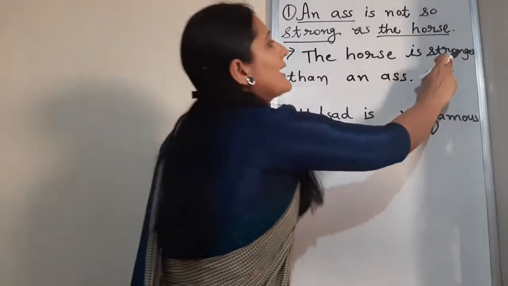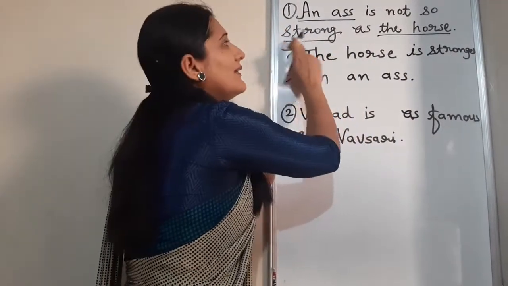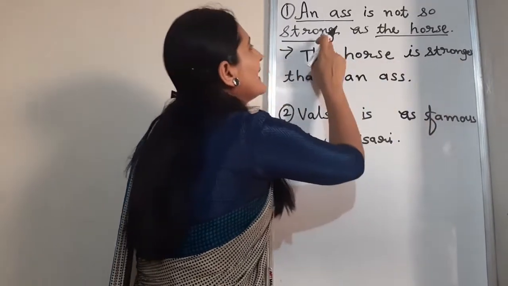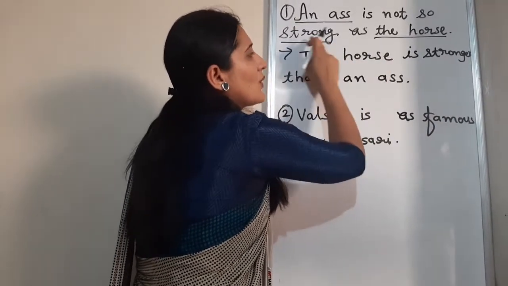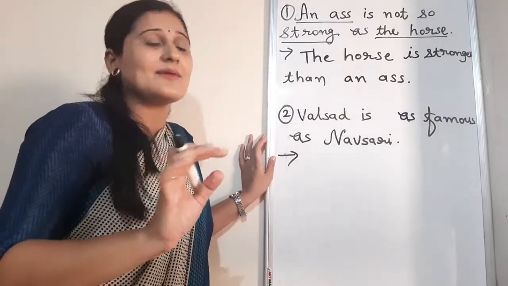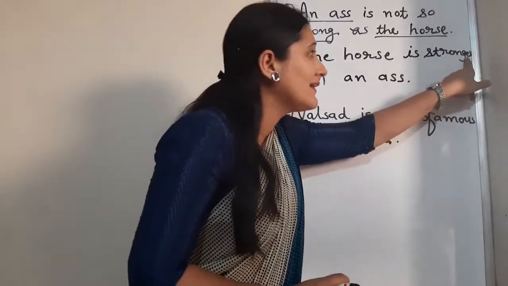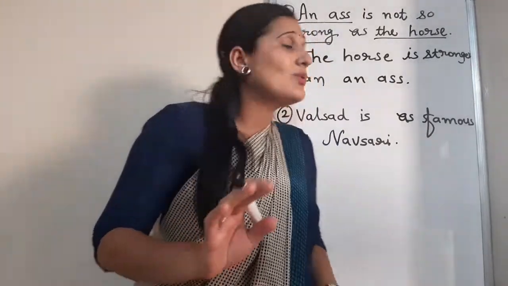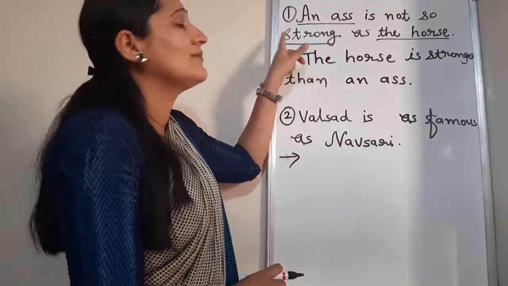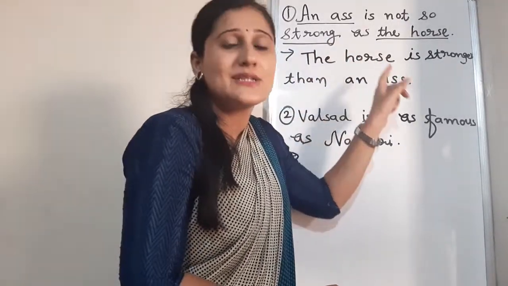And if the adjective is long, like hardworking, then we need to write more hardworking. If big, bigger, short, shorter, right? In which you can add er, you need to add er at the end of the adjective. And if the adjective is long, then we need to write more plus adjective, right?